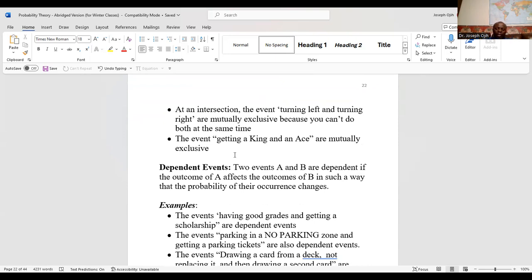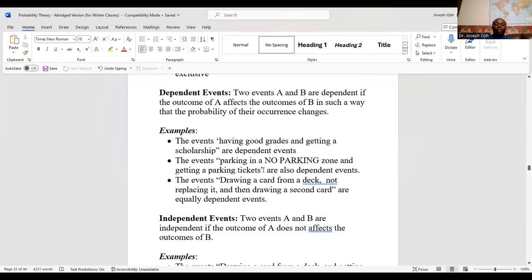Now we look at dependent events. Two events, A and B, are dependent if the outcome of A affects the outcome of B in such a way that the probability of their occurrence changes. For example, having good grades and getting a scholarship are dependent. Parking in a no parking zone and getting a parking ticket are also dependent events.